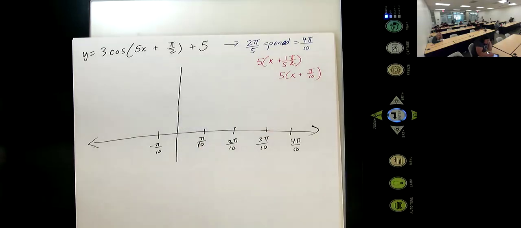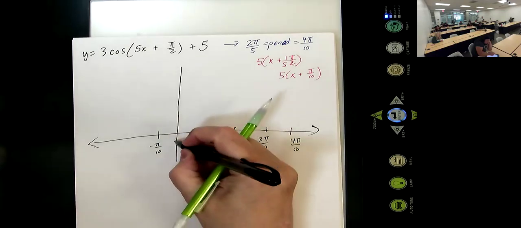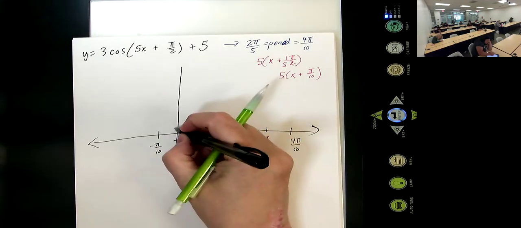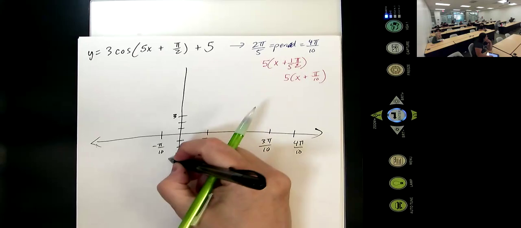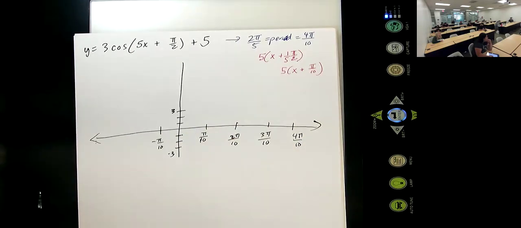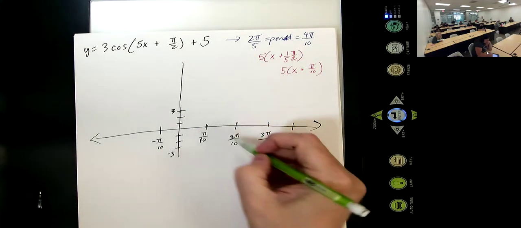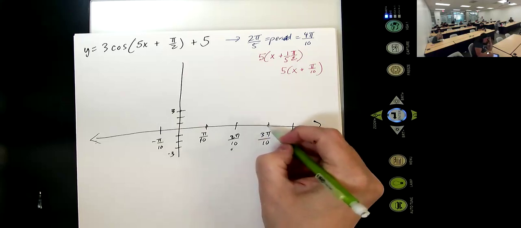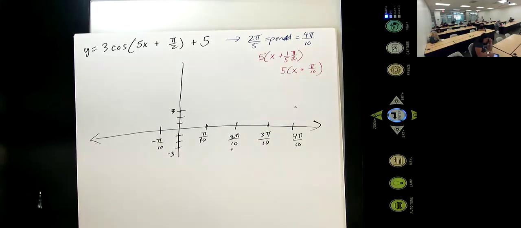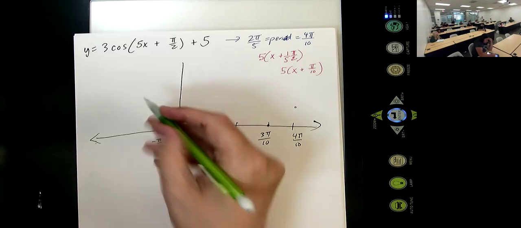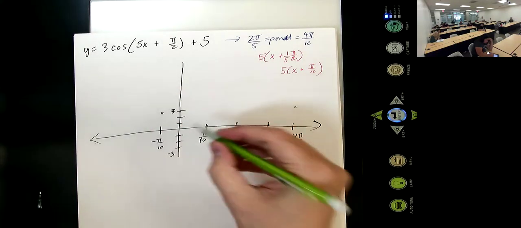So let me pencil in the 3. If I were doing cosine, it would start at high and go to low and then back up. And then I'll shift it over pi over 10.